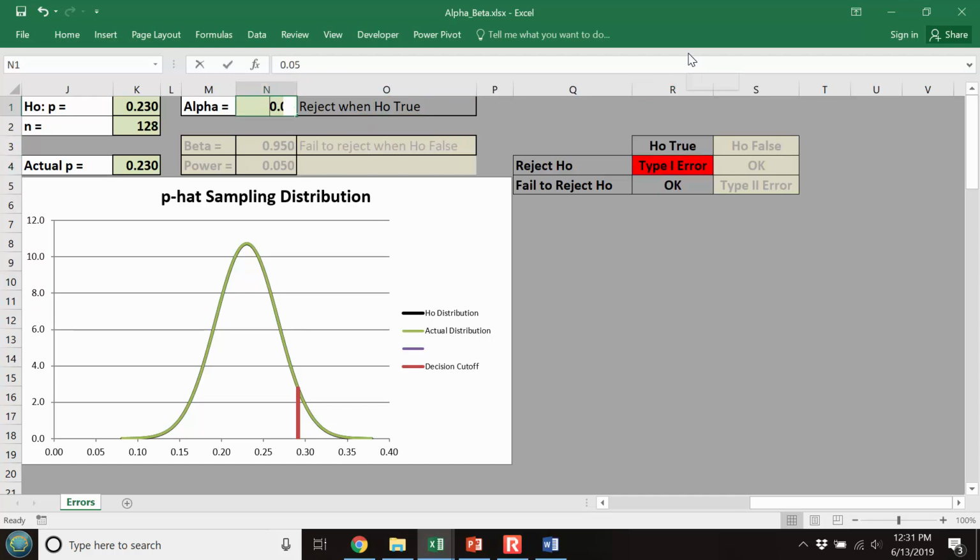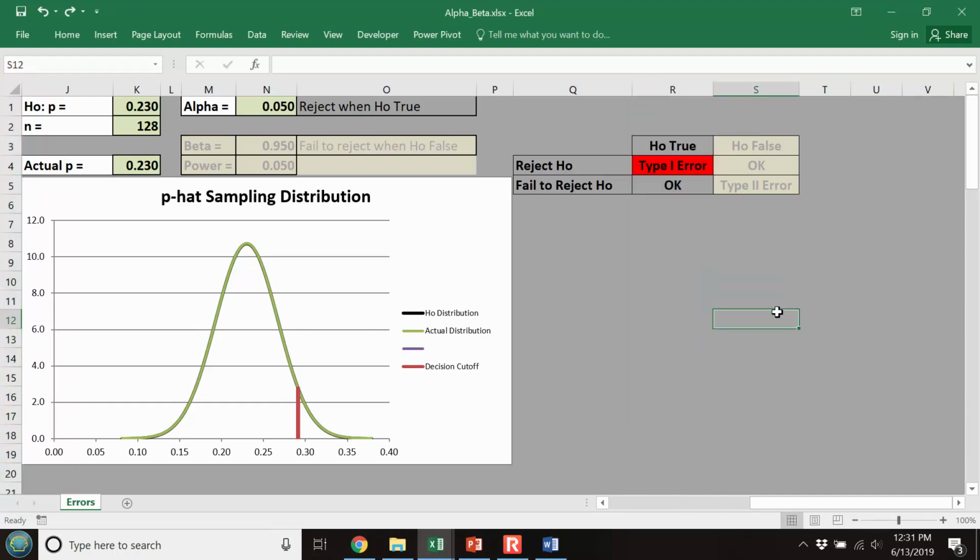So it would make sense to go with a stricter level of significance. Certainly I'd rather have this probability of making a mistake than this probability of making a mistake. However, this picture is still under the column that the null hypothesis is true.